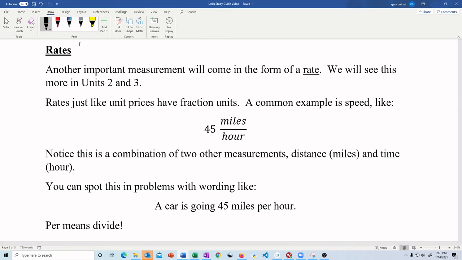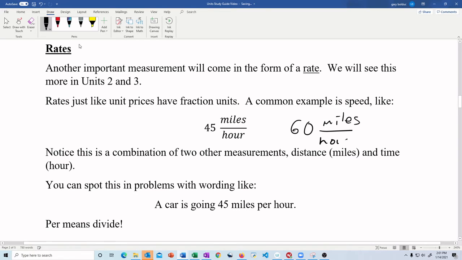Everyone who's driven a car understands what 45 miles an hour is comparatively. If I said I was going 60 miles an hour, you understand that if I'm driving 45 and then go to 60, I increased. Things like that aren't too bad to wrap your head around.